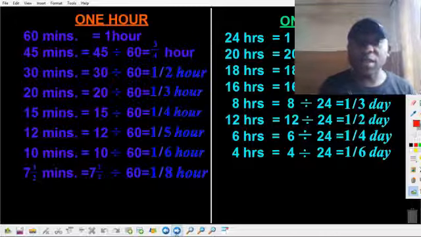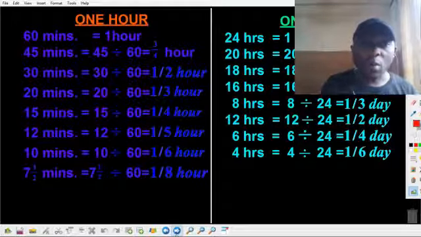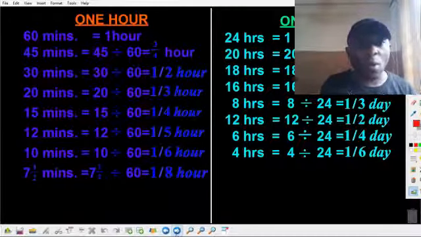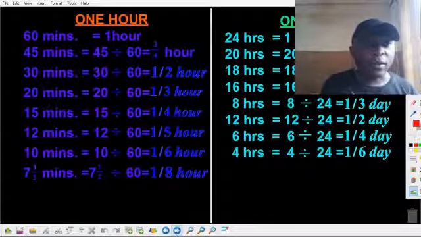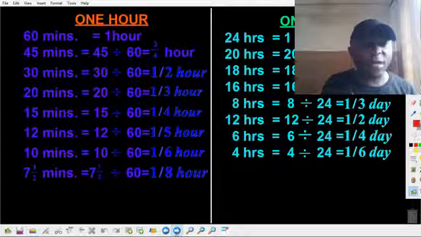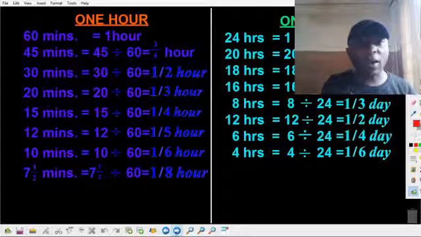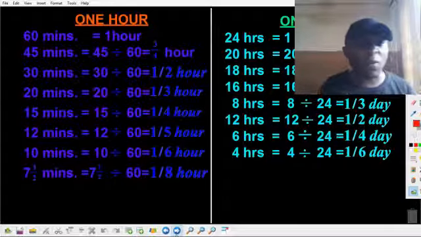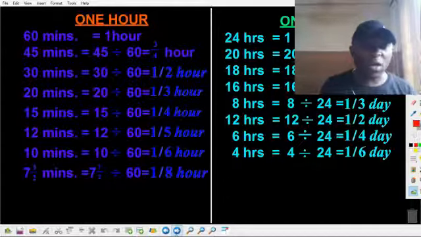Yes, we said 60 minutes is equal to 1 hour, but in a situation whereby the time given to them is in minutes, they should learn how to convert it to hour, just as we have done here. 45 minutes is equal to 3 over 4 hour. 30 minutes is equal to half hour. 20 minutes when converted to hour will give you 1 over 3, and so on and so forth.